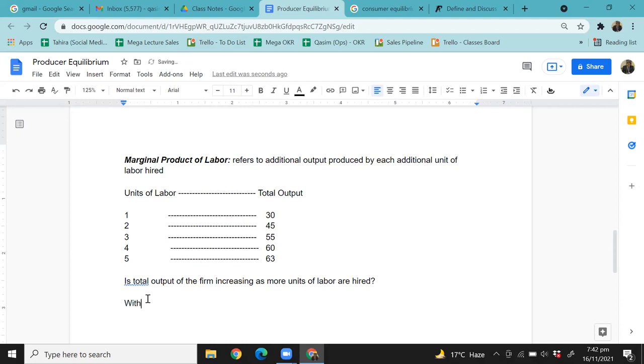That is what, Preet, you're trying to say. With each additional unit of labor, or let's simply say each additional labor, contributes less output.